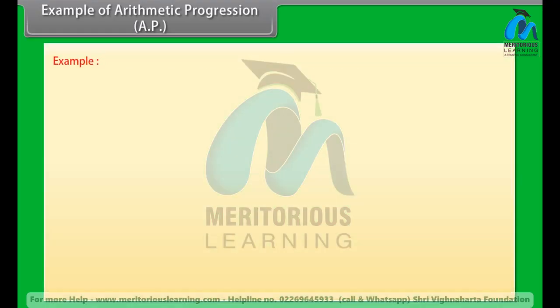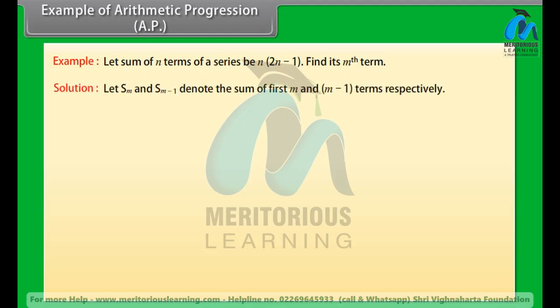Example of arithmetic progression AP. Example: let the sum of n terms of a series be n into 2n minus 1. Find its mth term. Solution: let Sm and Sm minus 1 denote the sum of first m and m minus 1 terms respectively. Sm is equal to T1 plus T2 plus T3 up to Tm minus 1 plus Tm.